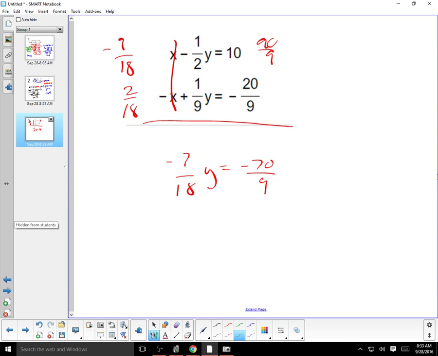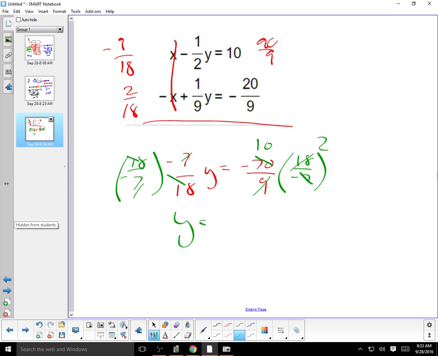To get rid of this, I'm going to multiply by the reciprocal, which is that. Correct? So I'm going to do it over here. 18 negative 7. So that becomes 1y. 7 goes into 70 10 times. 9 goes into 18 twice. And let's see here.